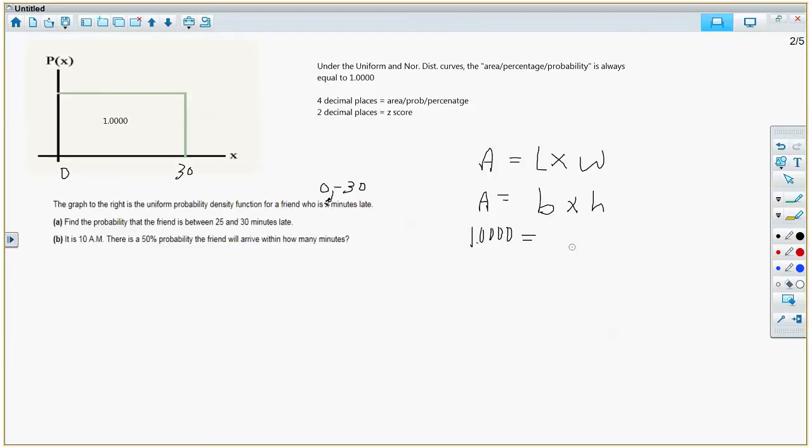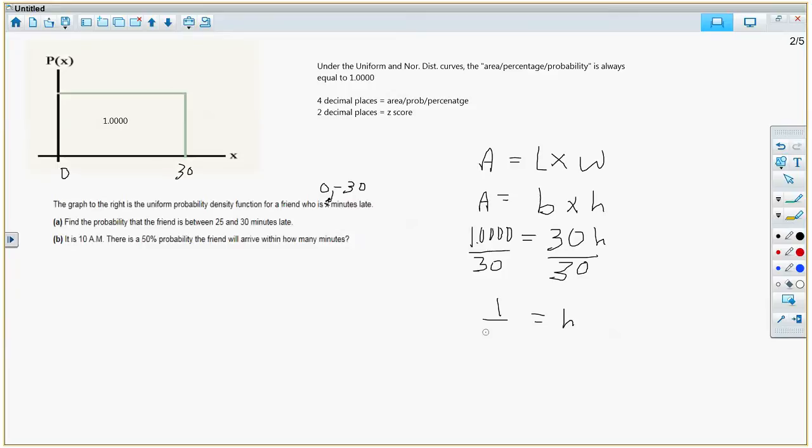Whenever somebody asks you for the area in chapter 7, you should look for a 4 decimal place number. It is equal to, what's my base? 30 times h. Now, how do you solve for h? Divide by 30, Hubert. Thank you, whole class. Glad all of you remembered that.